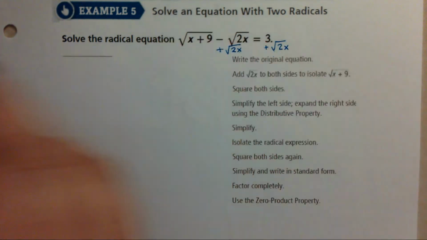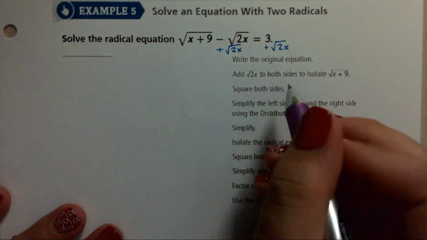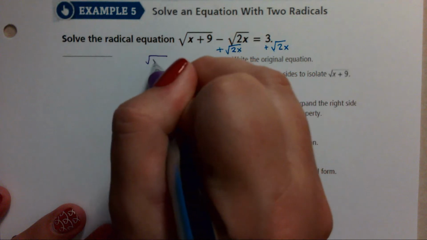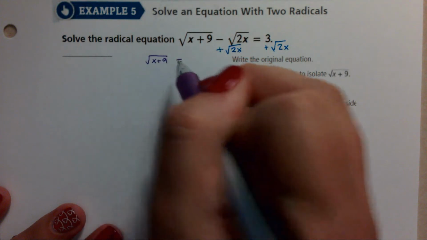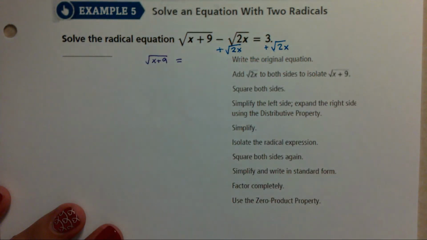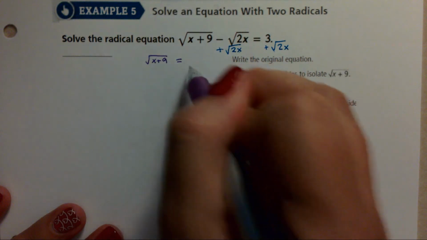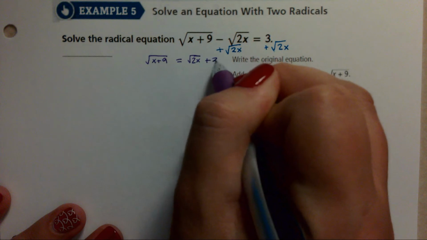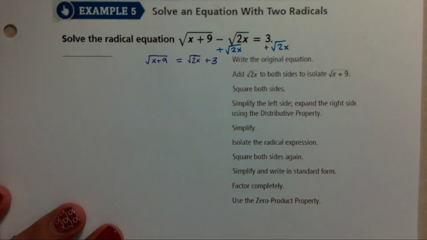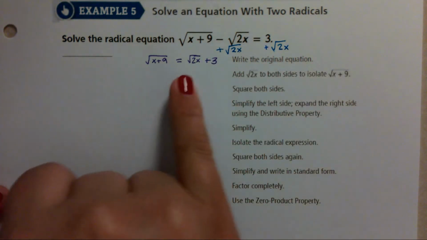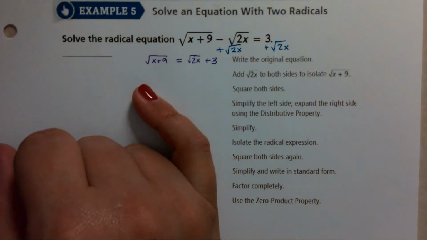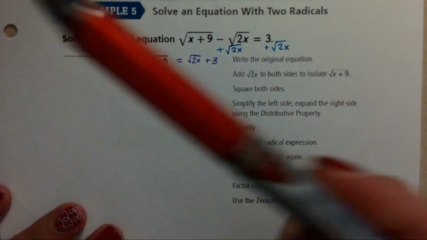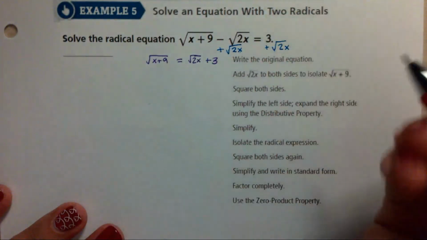And that's going to give me square root of x plus 9 equals square root of 2x plus 3. So at least one of these radicals is now isolated. And so what I'm going to do is square both sides.